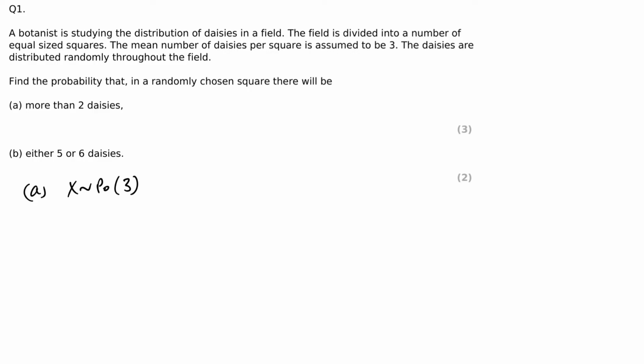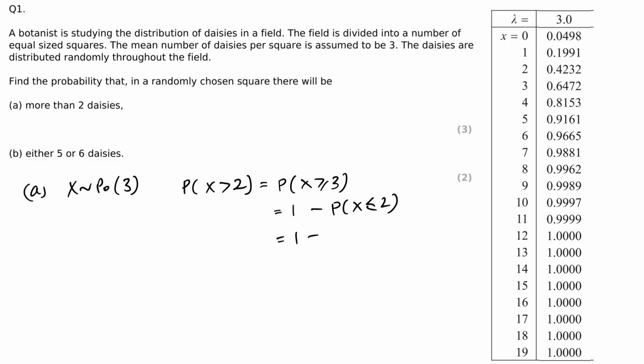Find the probability that in a randomly chosen square there are more than 2 daisies. So we're looking at the probability when x is greater than 2. Now remember, this means that it is greater than or equal to 3, which is 1 minus the probability that x is less than or equal to 2. Since 3 is going to be in my tables, I can just look up that value.